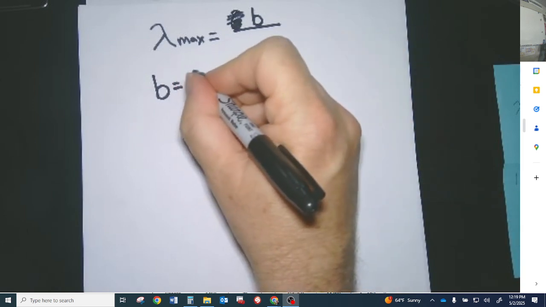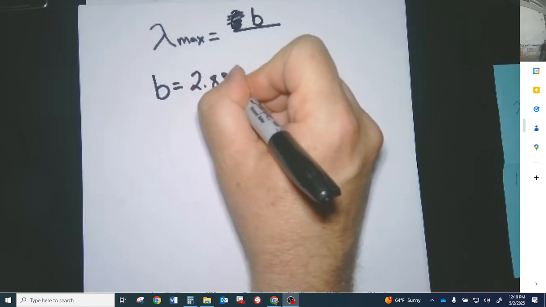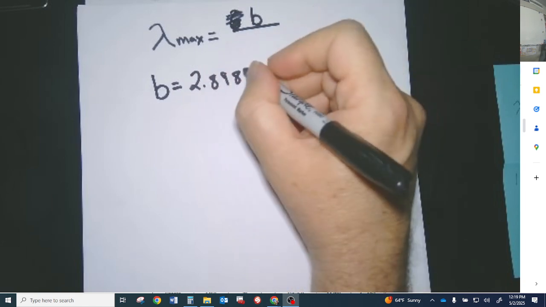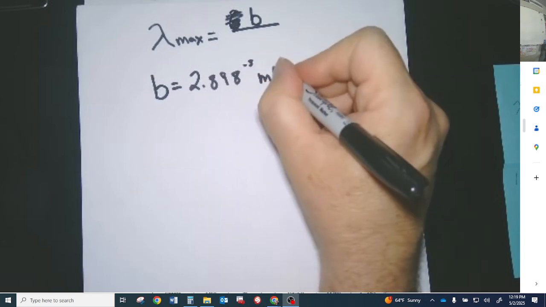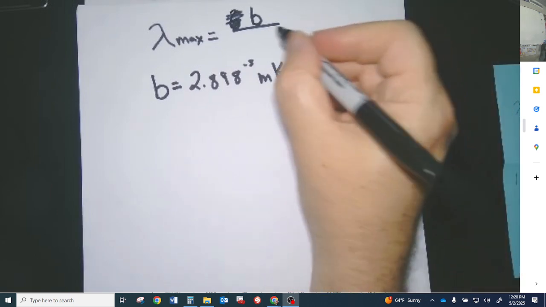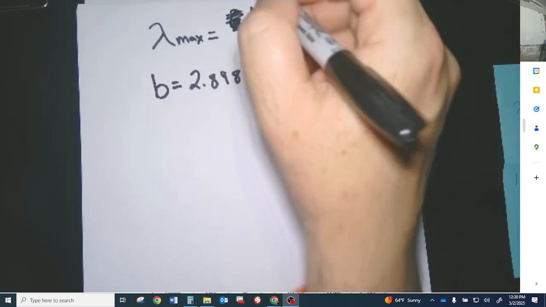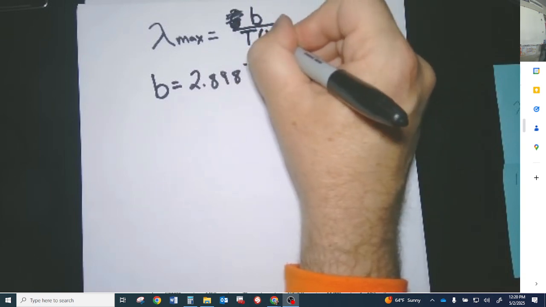So that constant is 2.898 times 10 to the negative third power meters times Kelvin. All right. And then the bottom part right there is the temperature, and that is going to be in kelvins.